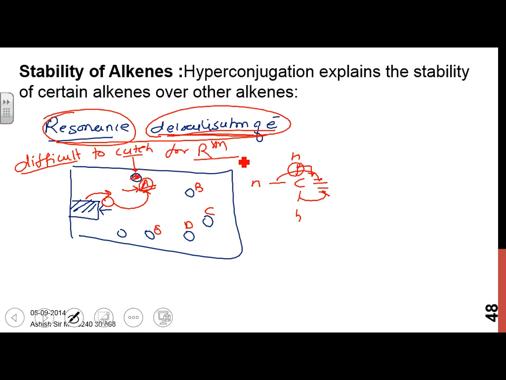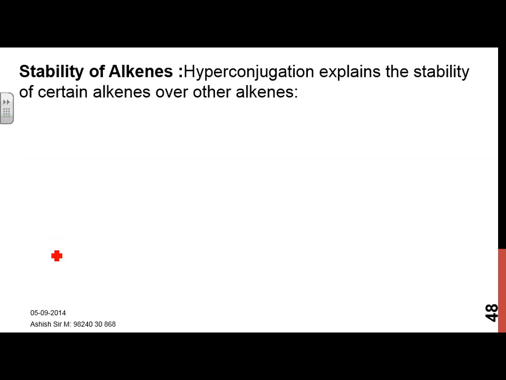It won't be available for reaction. So if you have more resonating structures, the electron moves at more places, and it's difficult to catch that electron. If the electron is difficult to catch, it's difficult to react. That's why it is more stable. Are you following? What am I trying to explain? So actually, that is exactly what is happening here. Look at what I'm telling you.